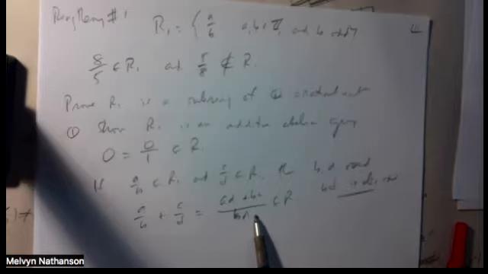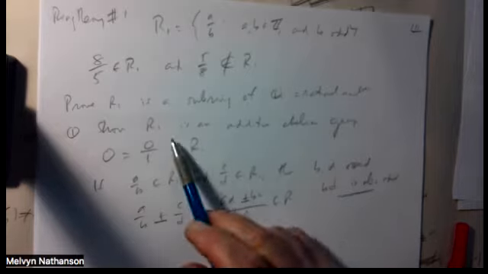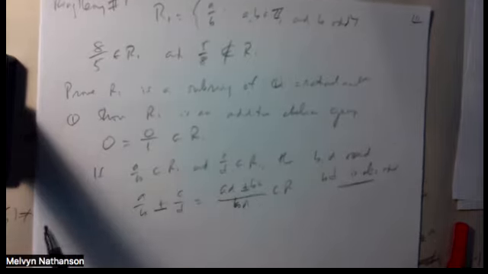So this fraction has an odd denominator, so it's in R1. So R1 is closed under addition. And if I were to subtract, I would get AD minus BC. So R1 is closed under subtraction. So it's an abelian group. The rationals are an abelian group, and a subset that contains 0 and is closed under addition and subtraction is a subgroup. So that proves that R1 is an additive abelian group.